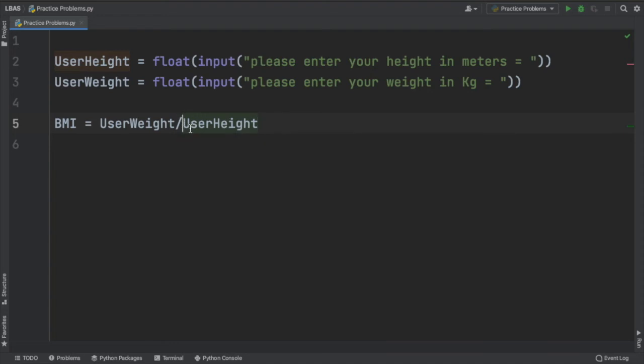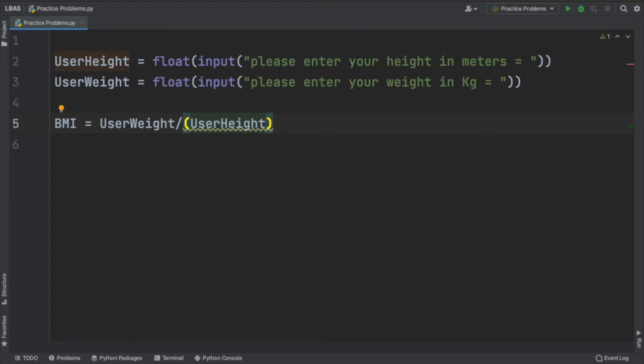Alright, so I always prefer to use parentheses because I think it makes the formulas more clear, and you don't really have to worry about the precedence of one operator and the other.